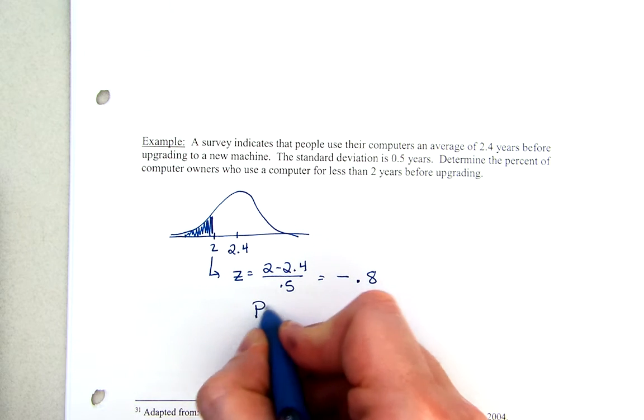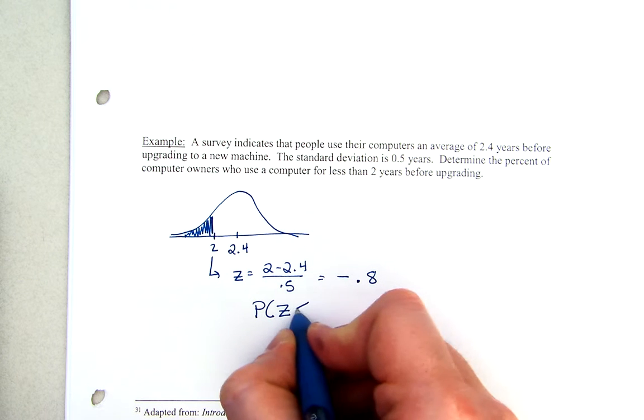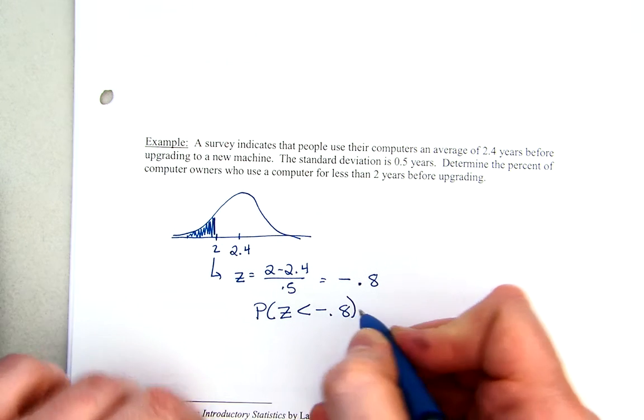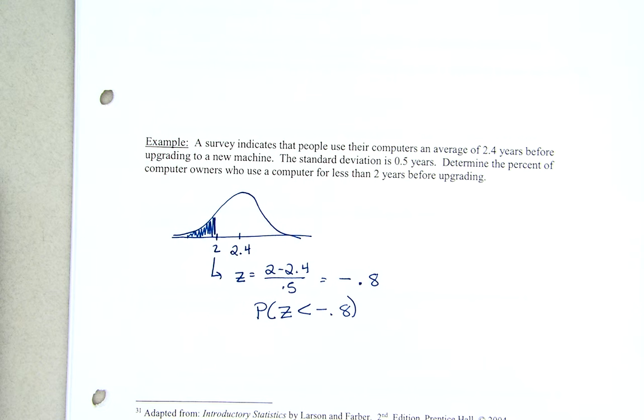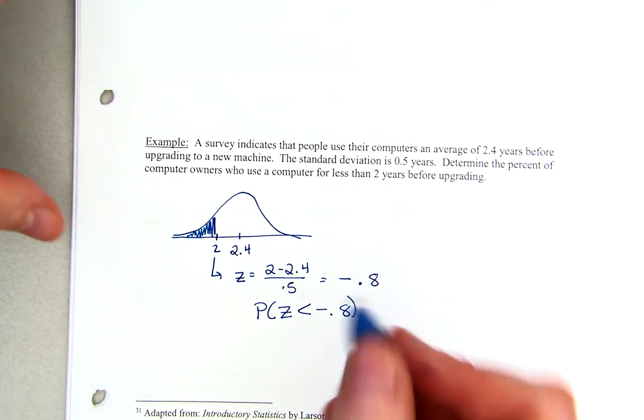So this problem is really finding the percent of data whose z-score is less than negative 0.8. Well, we know how to do that. This involves just using our standard normal table. We can use the standard normal table to find the percent of data whose z-score is less than negative 0.8, and then we're basically there.